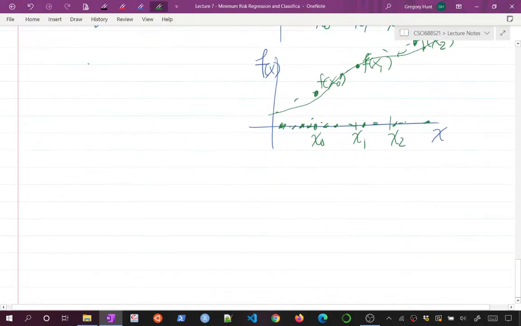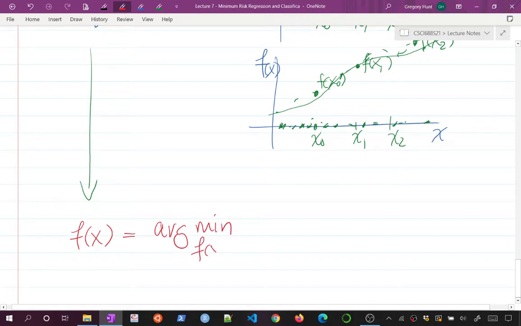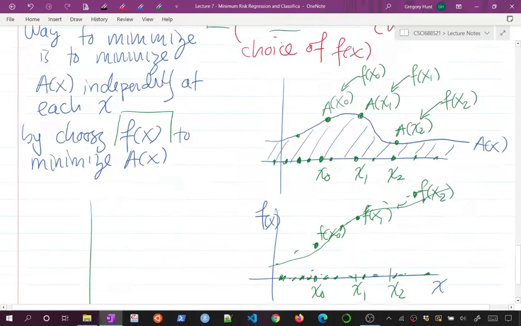The way you write that in math is that f at x is chosen, among all possible values I could put for f of x, so that it minimizes a of x, which is supposed to read argmin.